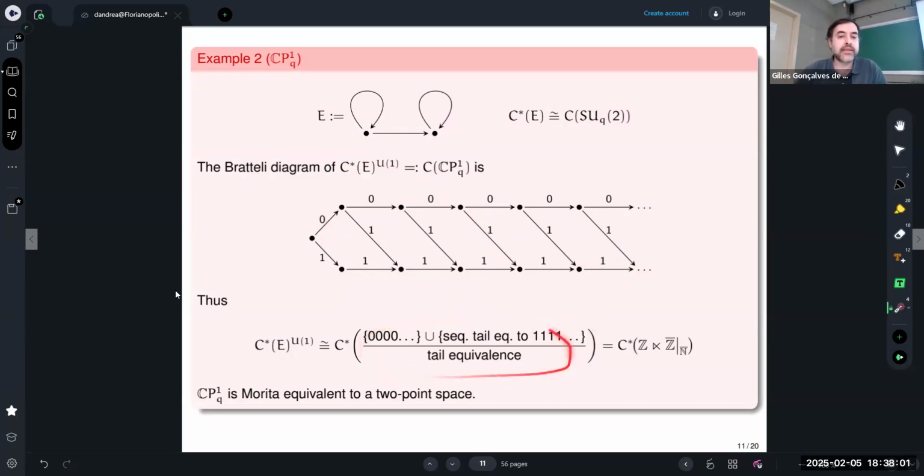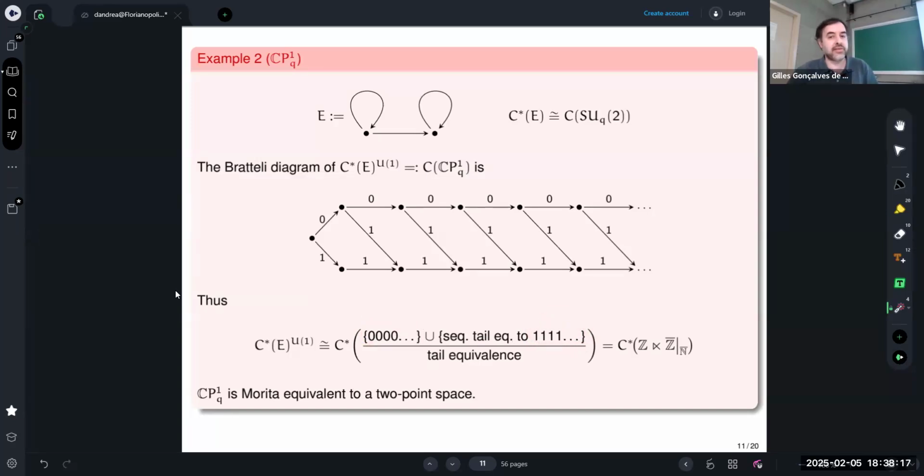You see that now the quotient space, this is a bit different from what we saw before, has exactly 2 elements. So there are only 2 equivalence classes, the one of 0 and the one of the constant sequence 1.